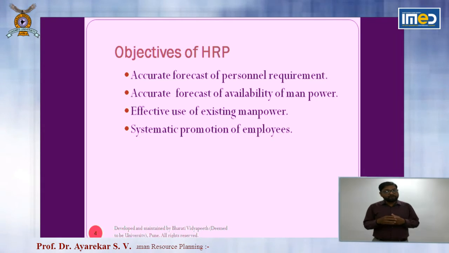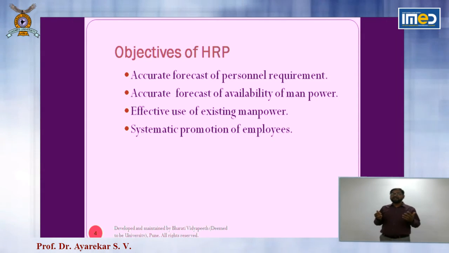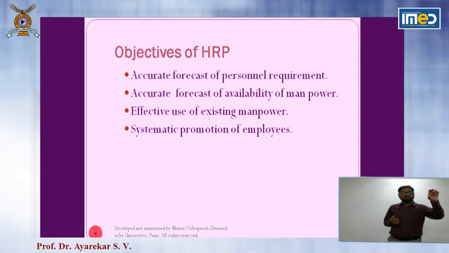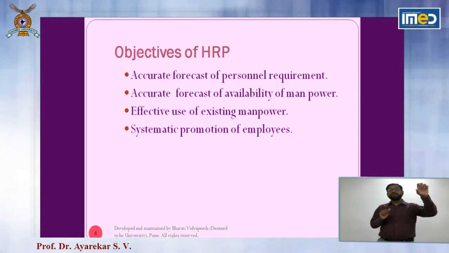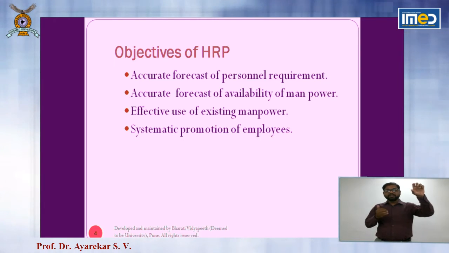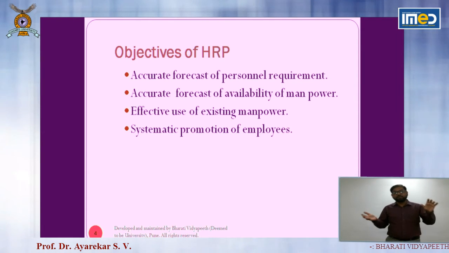Objective number 4, systematic promotion of employees. For this particular job, we want one person. We don't have it. We can look at the existing employee inventory and see whom we can promote: a person who is delivering best for the organization, a person who has the skill set.